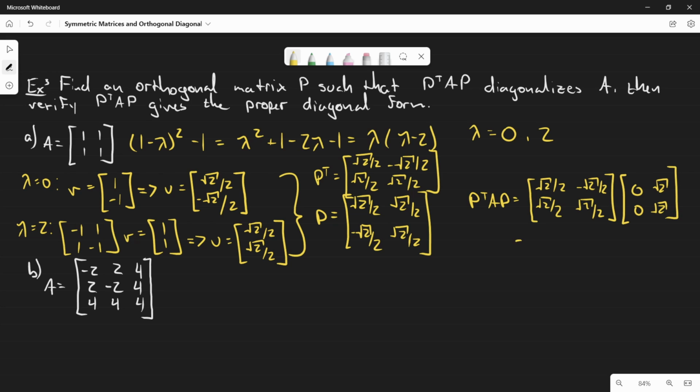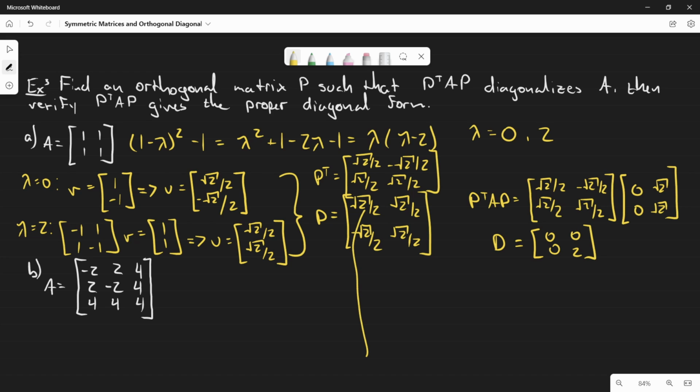Our diagonal answer is going to give us 0, 0, 0, 2, which is the proper diagonalization form. So yeah, now let's go ahead and do the next example.